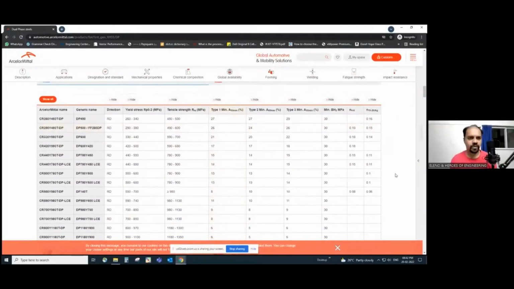Okay. So on the ArcelorMittal website, you have DP590, DP450, dual phase. It's a dual phase material. And you can see tensile strength in megapascal. Yield stress in megapascal. Am I right?